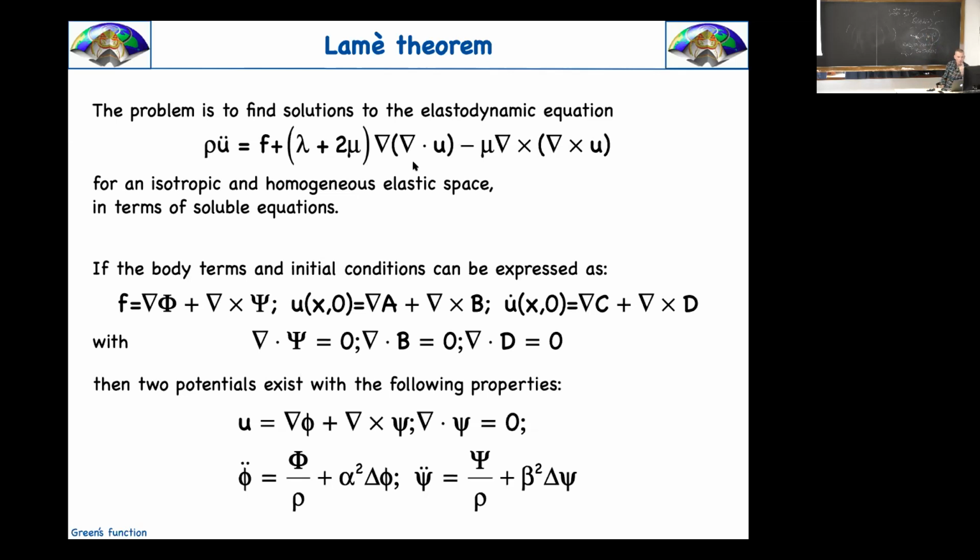We know lambda, mu, and rho, and thus we know Vp and Vs. Now, what about the body term, initial conditions, and boundary conditions? We have no boundaries here. It's infinite. All of them can be written using the Helmholtz theorem.